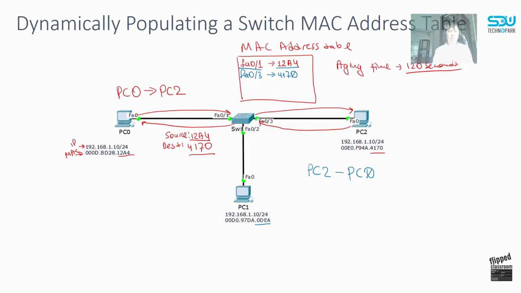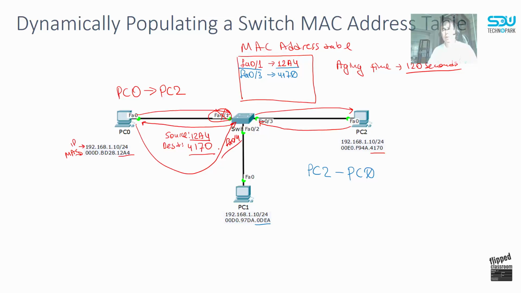This computer is connected through FA01, but afterward it can be connected through another port. So if the switch does not forget these values, it will think that PC0 is always connected to this port, but actually it may be connected through FA04, for example.